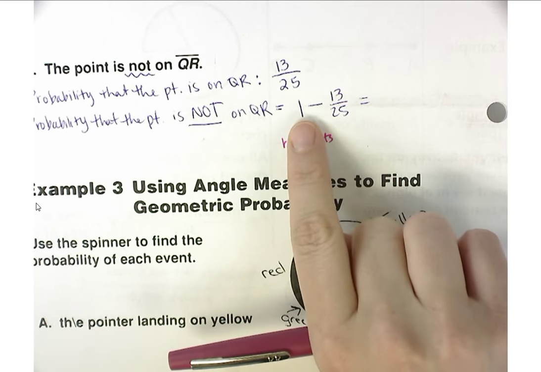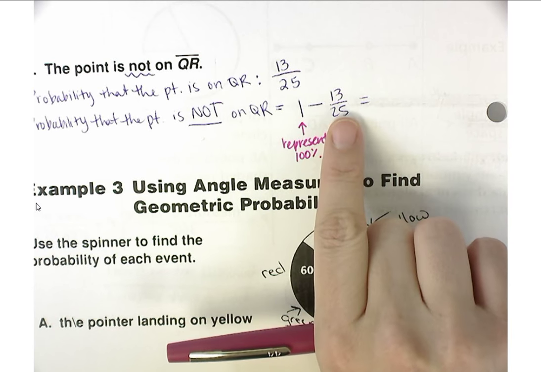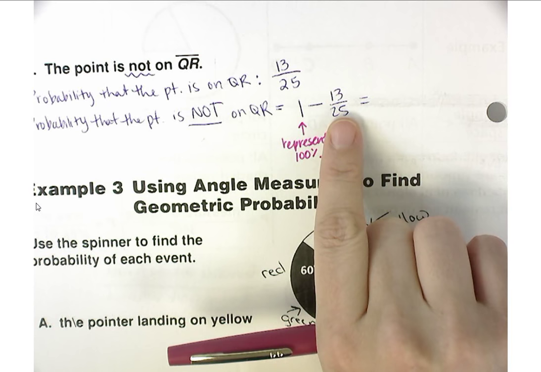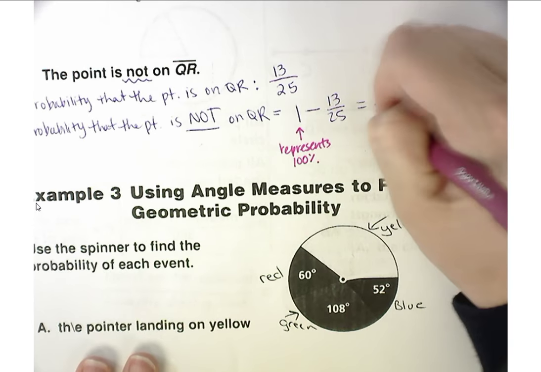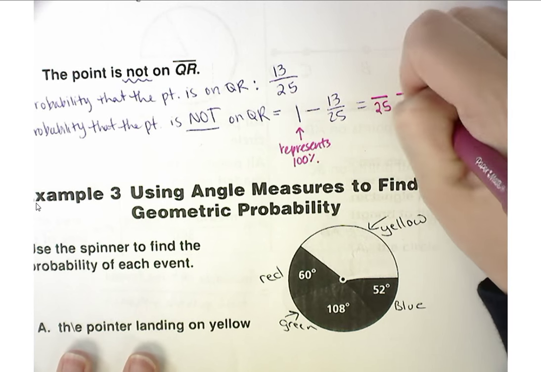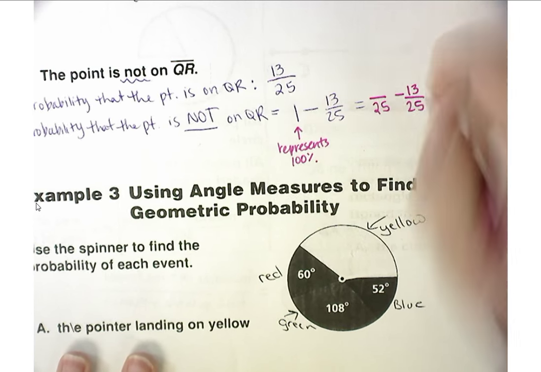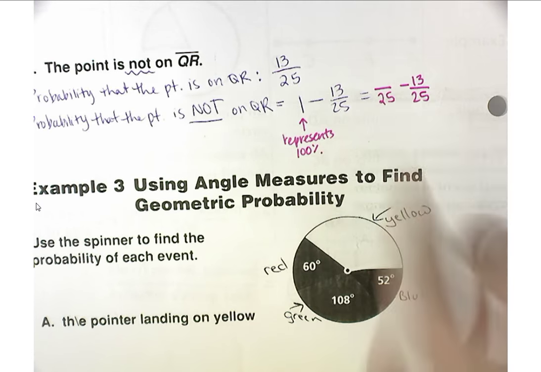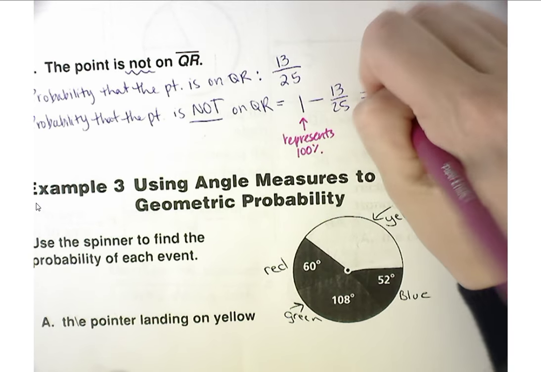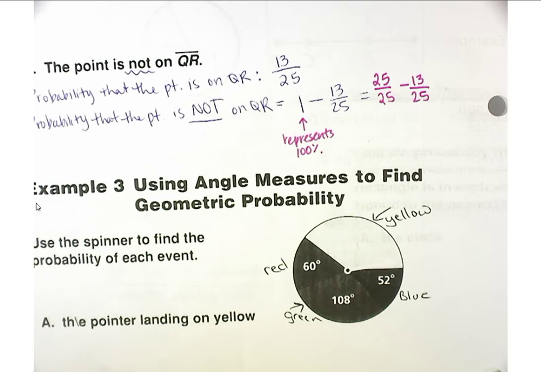What's going to be the common denominator with 13 25ths? 25, right? Okay, so what would the top be? How do you rewrite 1 as a fraction with 25 on the bottom? Yeah, 25 over 25. Because isn't 25 divided by 25 1? Yep.